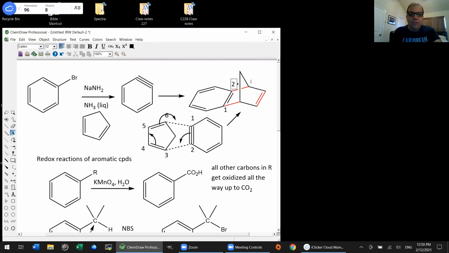This is actually going to be 1, since we flipped it over. 1, 2, 3, 4, 5, 6. And so this CH2 up here is the CH2 over here that's in cyclopentadiene. That just goes along for the ride. That's not involved in the reaction.